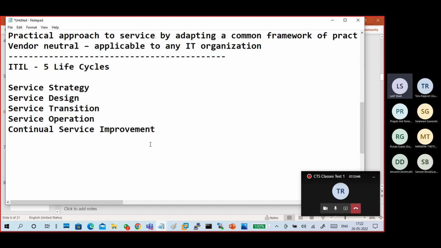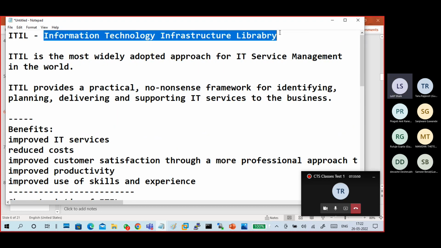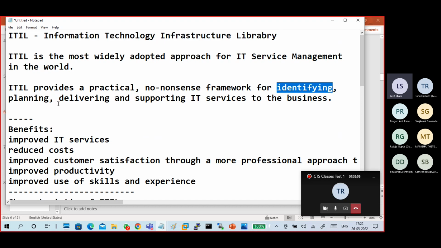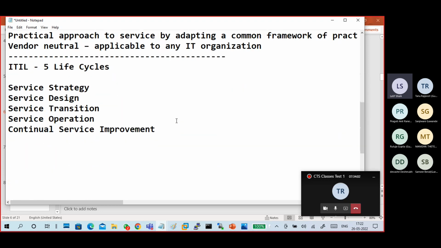Again, what is ITIL? IT Infrastructure Library. It's a practical, no-nonsense framework for identifying, planning, delivering, and supporting IT services to the business.